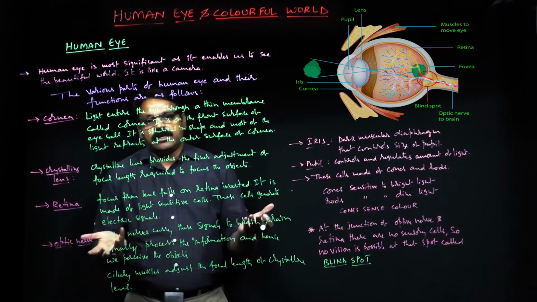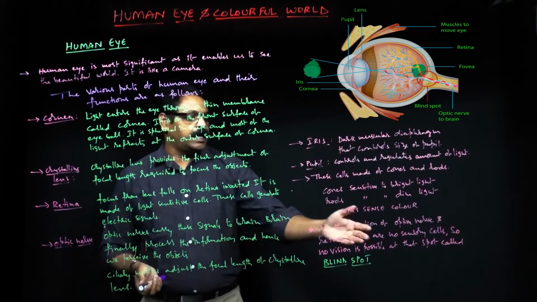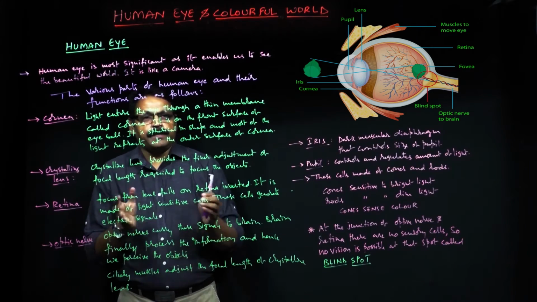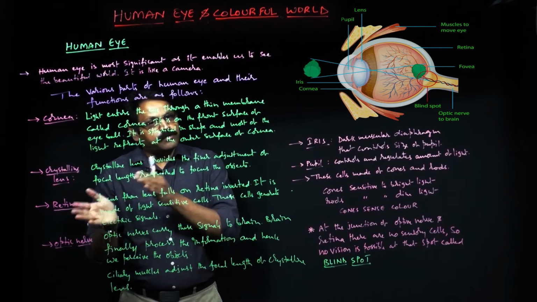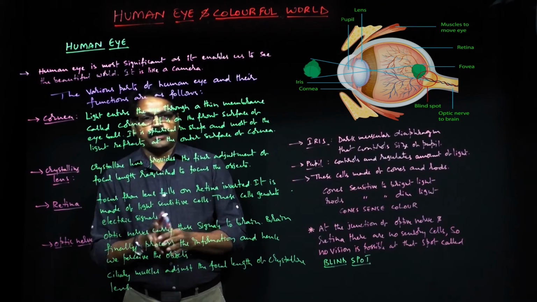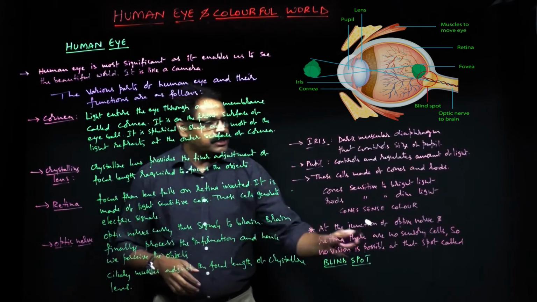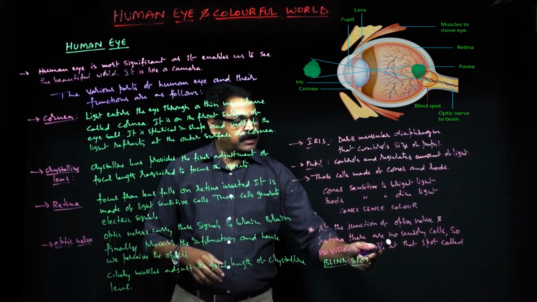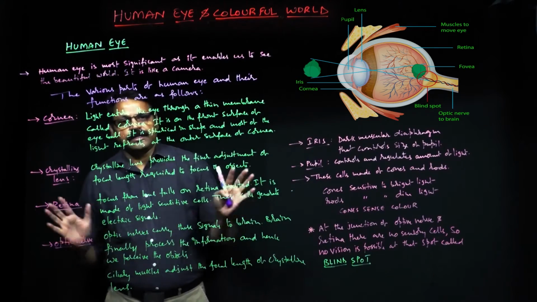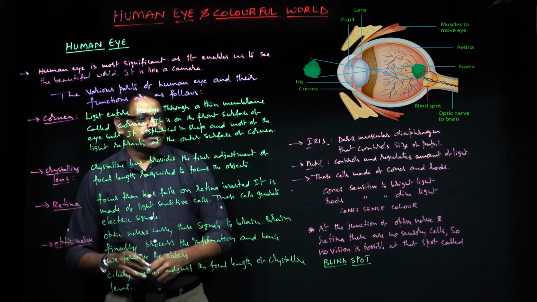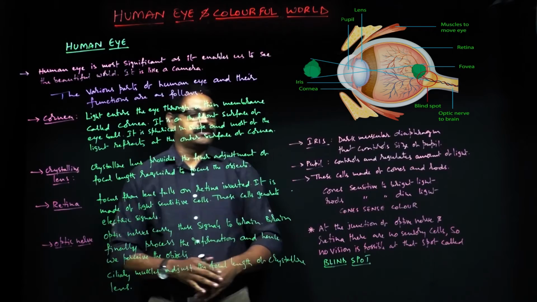So definitely when there are no sensory cells, there won't be any vision over there. That is what is called the blind spot. So the junction of the optic nerve and retina, where you don't have any sensory cells, that point is called the blind spot. This is one definition you need to remember.